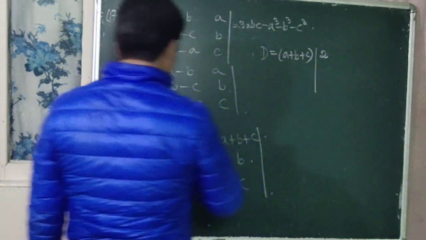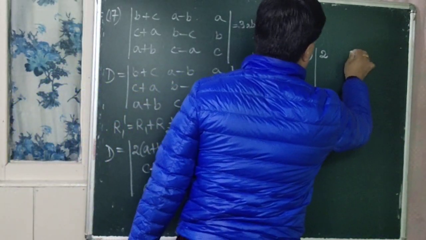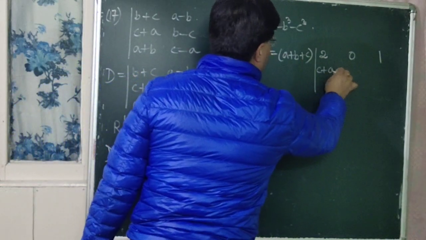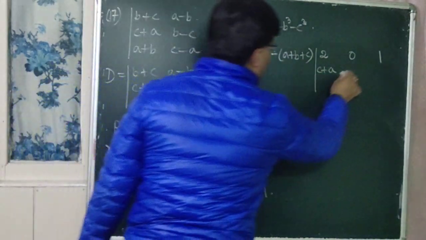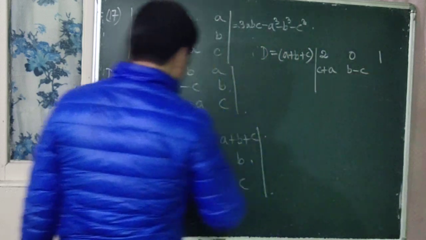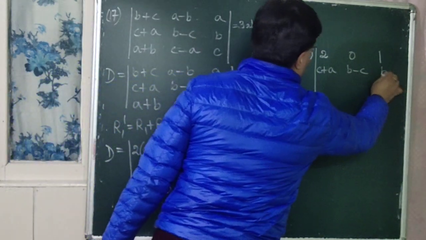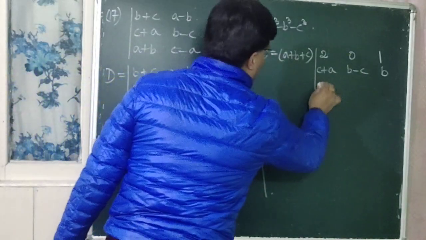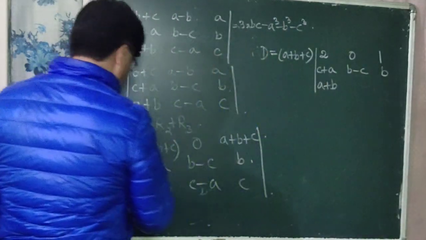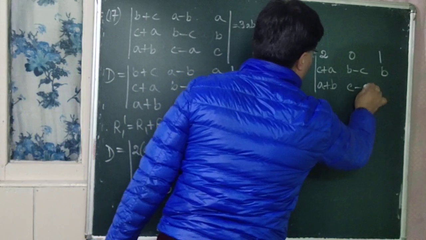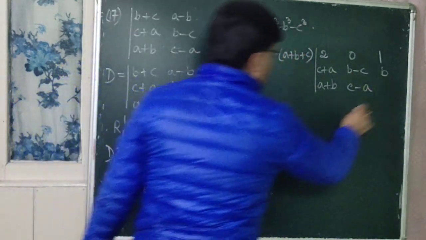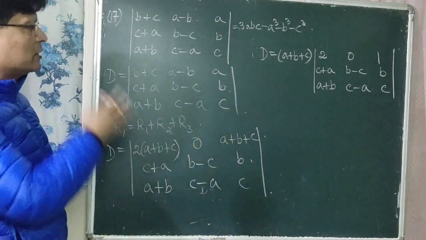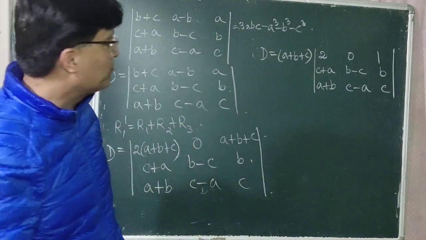It is 2 only, then comes 0 and 1. So it is c plus a, then comes b minus c, and then it is b. Then a plus b, then c minus a, then comes c. So this is the determinant, okay?